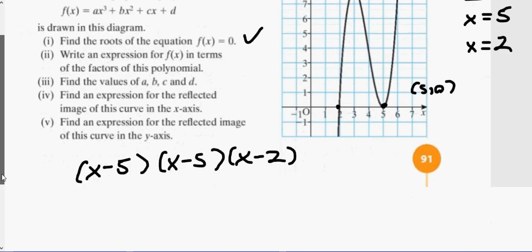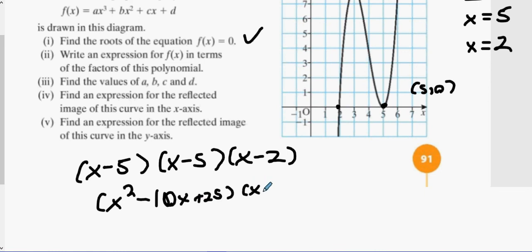Alright, we're going to multiply this out. X squared minus 10x plus 25 by x minus 2. Is that okay with you guys? Now, going to multiply it out, and what do we get?